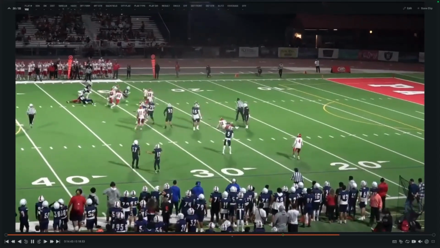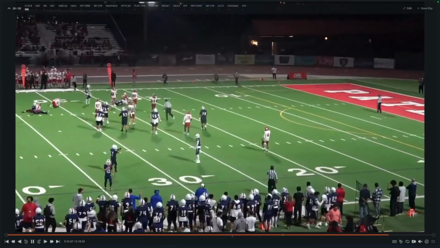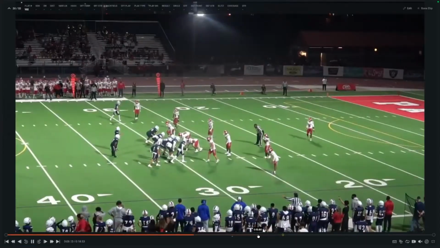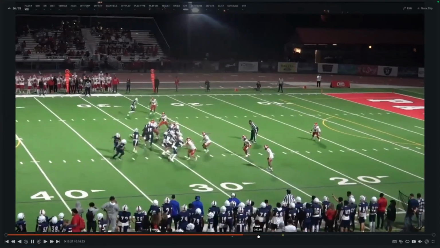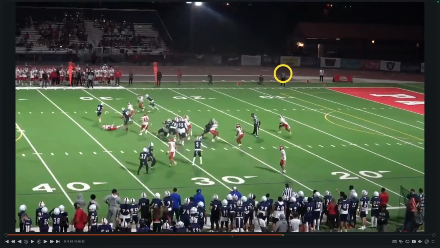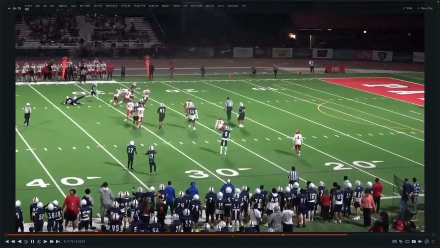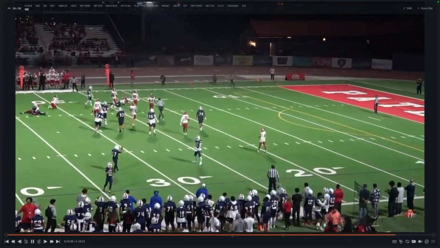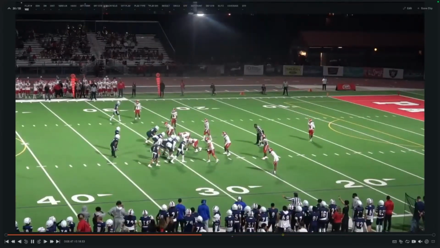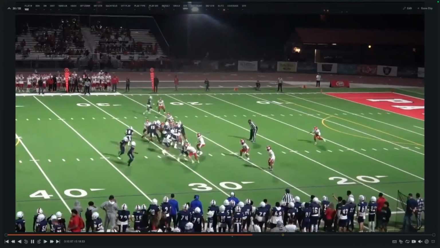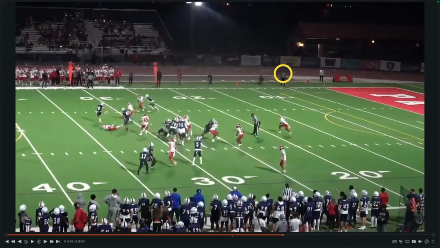I look at the play, and what we're looking at is this matchup on the top. He does get beat and he's coming back towards it, so I can see maybe they're thinking this is a block in the back. I do not have a hold on this.